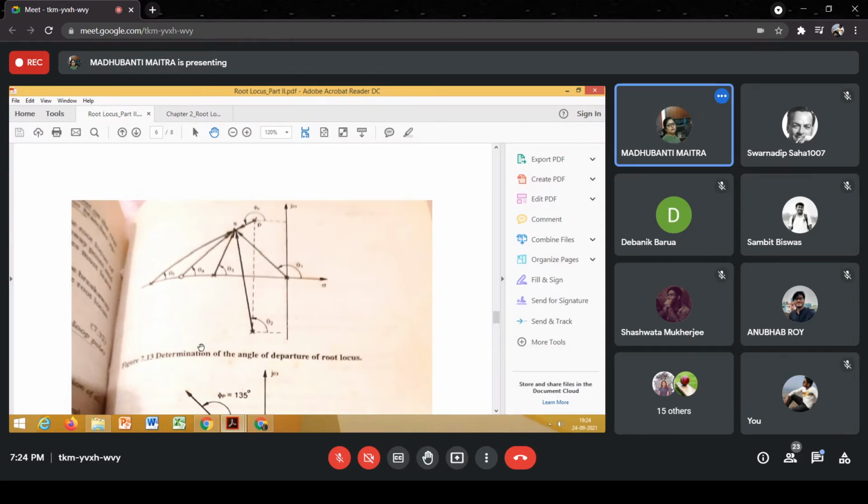Similarly, root branches which terminate onto a real open loop zero will do so with an angle of 0 degrees or 180 degrees. Is that clear?